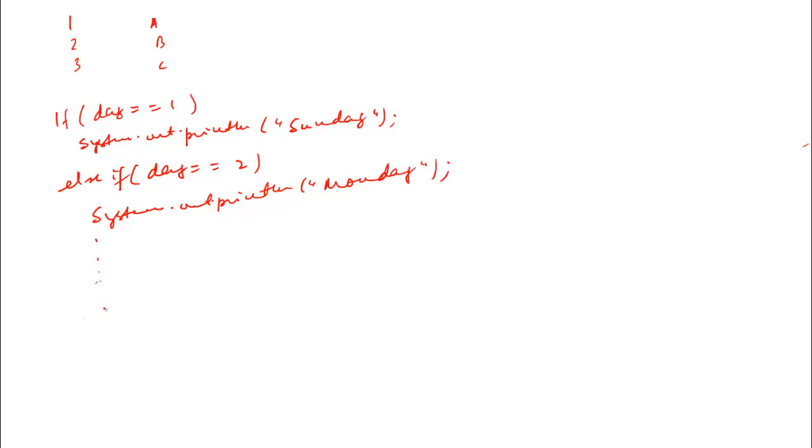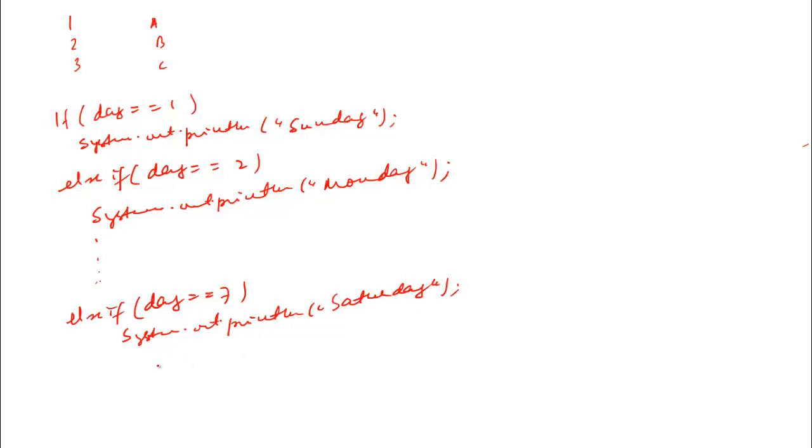It will go till day 7, so else if day equal to 7, then it will print Saturday. And then in the else part, we can take a wrong choice.